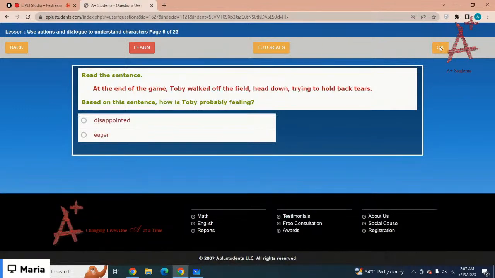At the end of the game, Toby walked off the field, head down, trying to hold back tears. Based on the sentence, how is Toby probably feeling? Disappointed or eager? Which is the correct option?